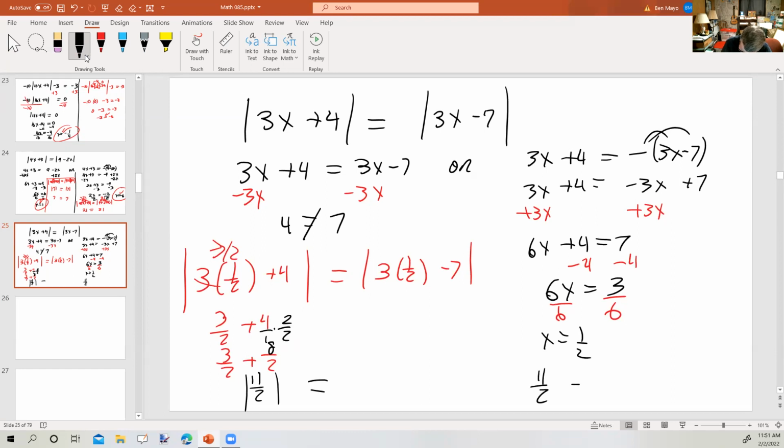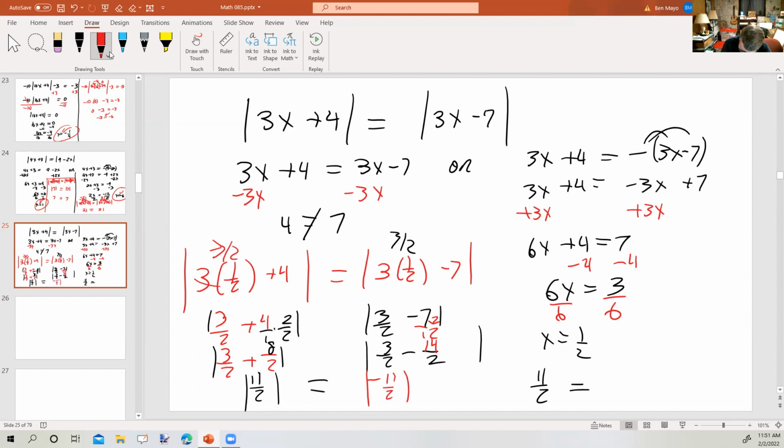On the right side, 3 times 1/2 is 3/2. And then we've got 3/2 minus 7, which is 3/2 minus something over 2. We're going to multiply by 2/2, so minus 14/2, which gives us negative 11/2. But the absolute value of negative 11/2 is 11/2, so it checks.